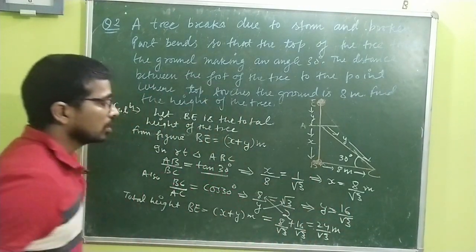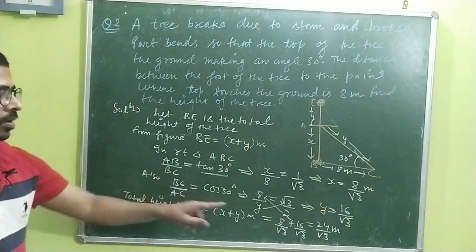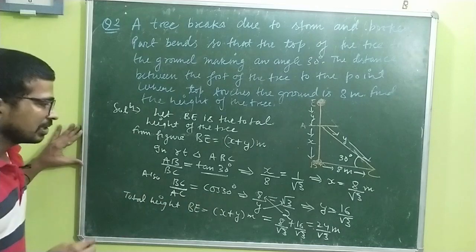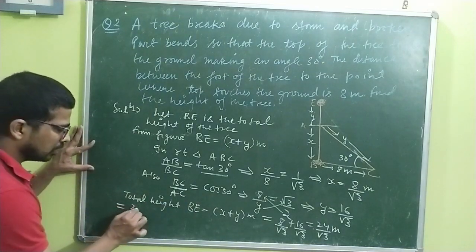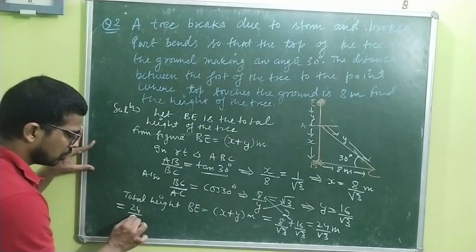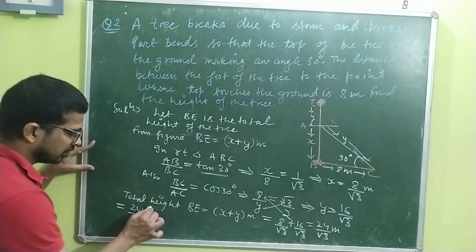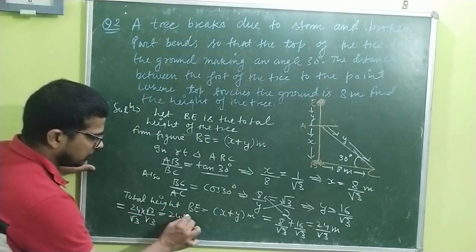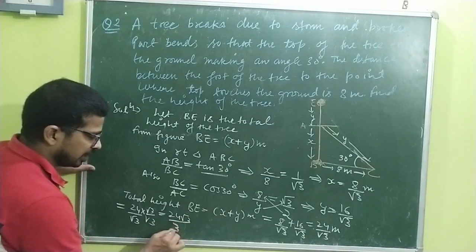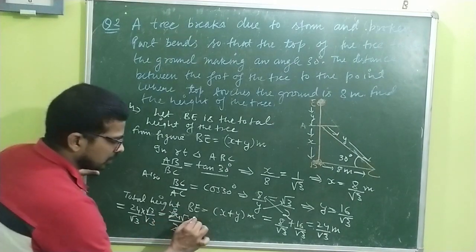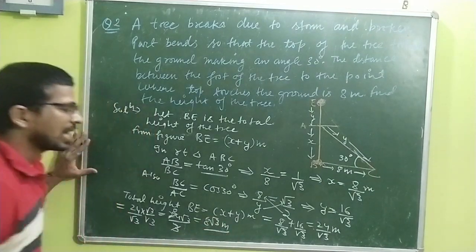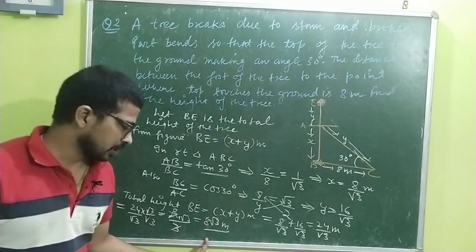Whenever we have a root in the denominator, we generally rationalize it. So we multiply 24 by root 3 over root 3 and it becomes 24 root 3 over 3. So it will become 8 root 3 meter. This would be your answer according to the question.